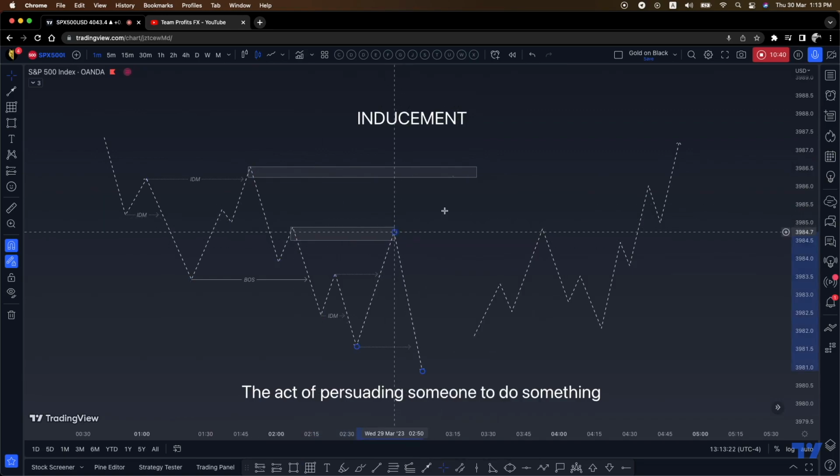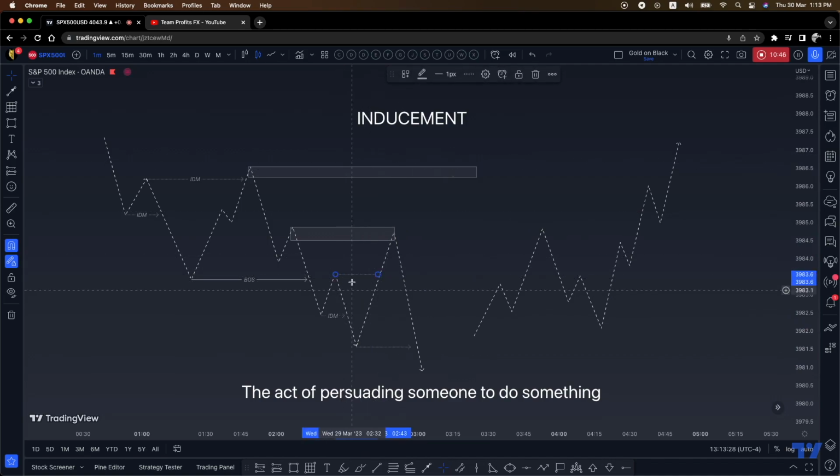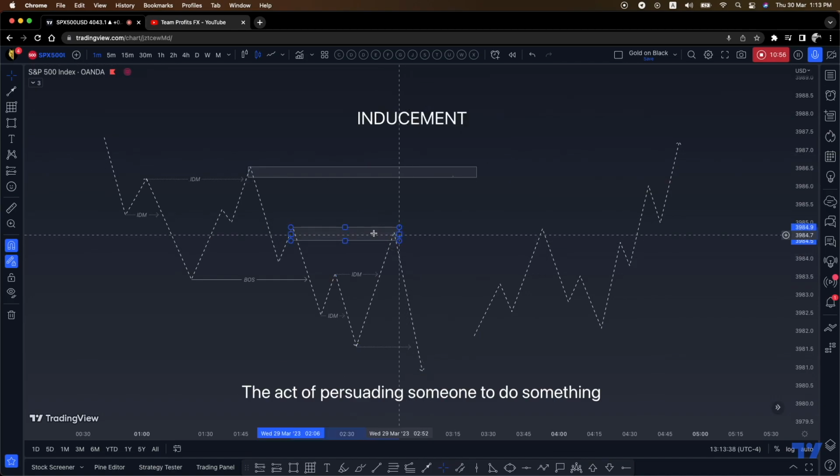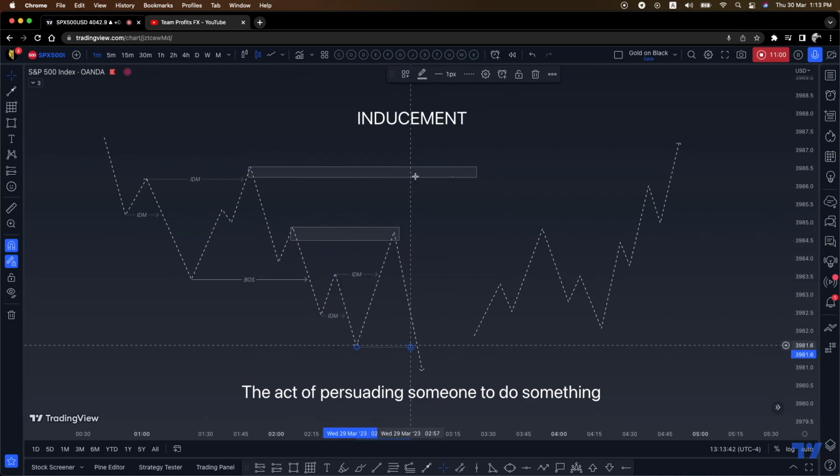That's where the market is going to go to mitigate after taking the liquidity. This inducement is also known as liquidity, basically. So let's say you have your liquidity or inducement right there. The market touches the POI and then breaks to the downside, and this is my confirmed BOS.